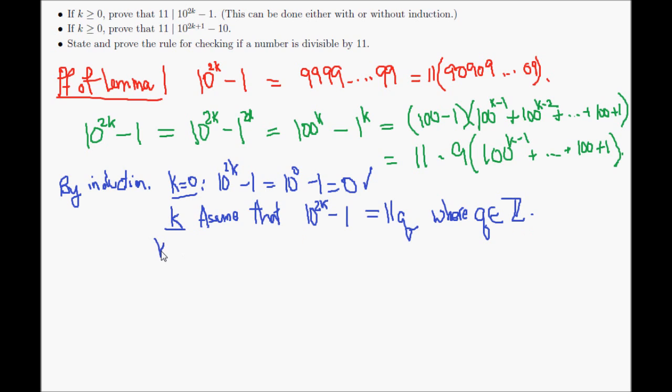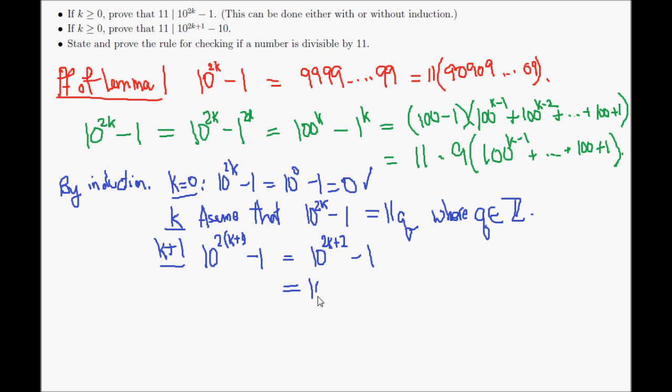Now for k plus 1: 10 to the 2k, where I replace the k by k plus 1, minus 1. So that's 10 to the 2k plus 2 minus 1.